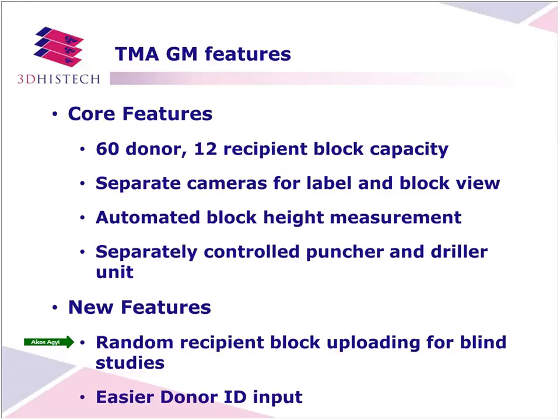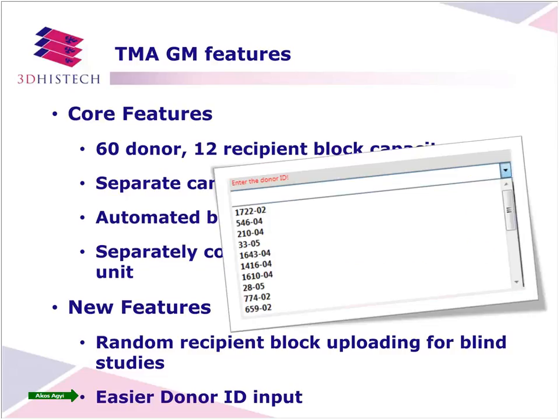We also made a much easier donor ID input possible. Now if users import clinical data with donor block IDs, the donor block IDs from the imported files will be available from a drop-down list, just like here. So the user doesn't need to type the donor block ID. The user just needs to select the proper donor block ID from the drop-down list.